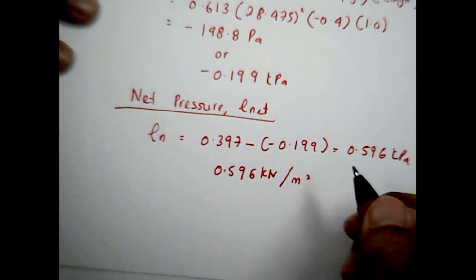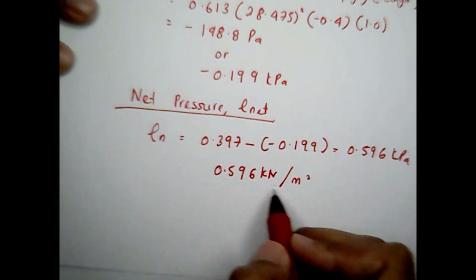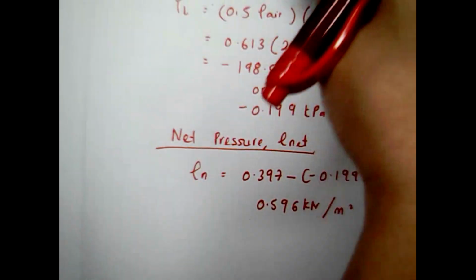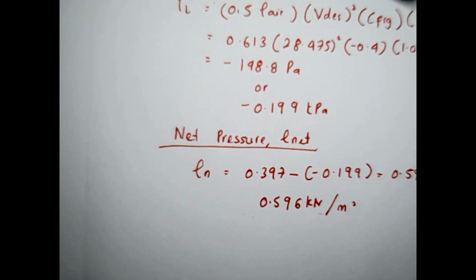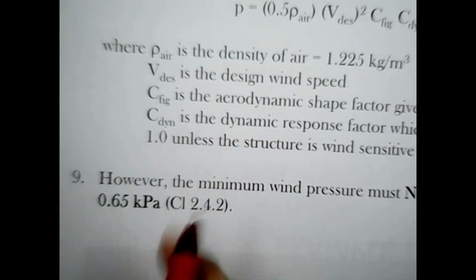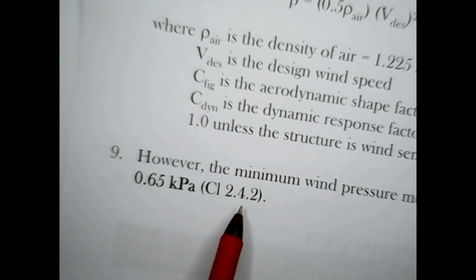So now your design pressure is 0.596 kilonewton per meter squared, which, if you still recall, earlier when I did these examples, I did highlight to you in our notes: the minimum wind pressure must not be less than 0.65 kilopascal.